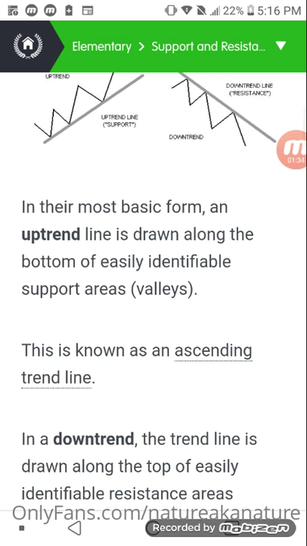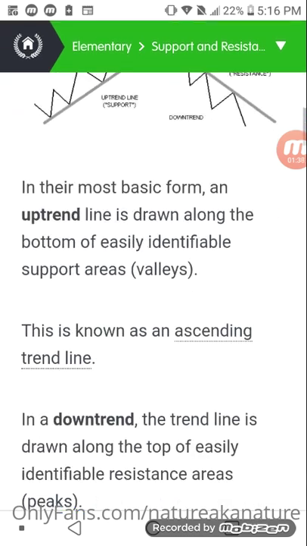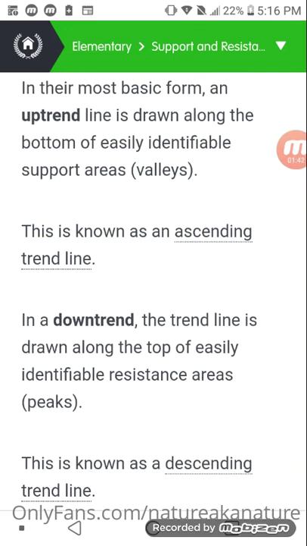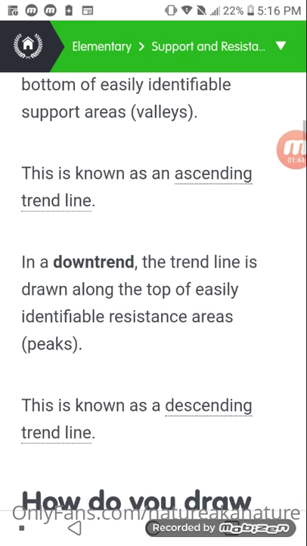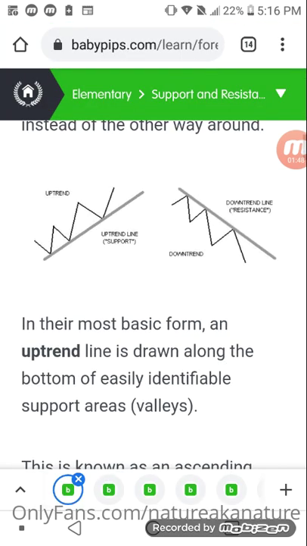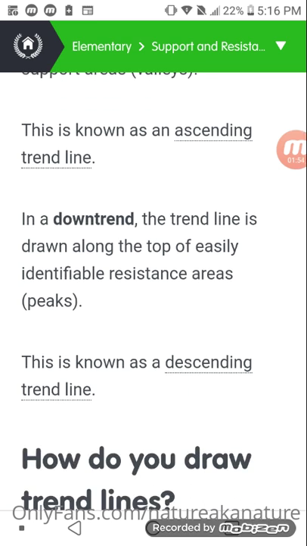This is known as an ascending trend line when it's heading up, and a descending trend line when it's heading down. In a downward trend, the line is easily drawn along the top of the resistance areas, known as the peaks. Okay, so resistance is known as the peak and support areas are known as valleys. This is known, for a downtrend, as a descending trend line.